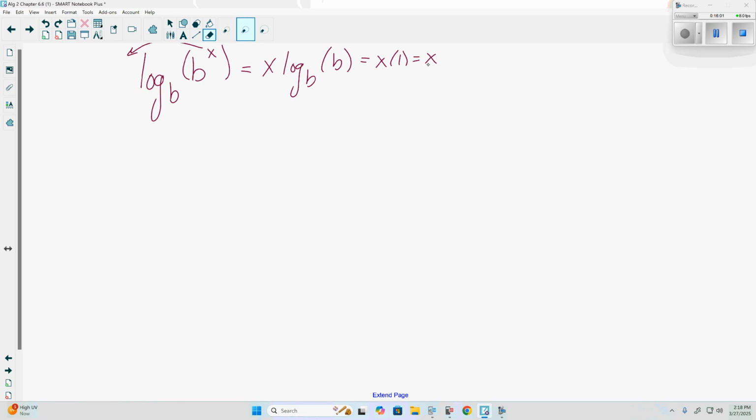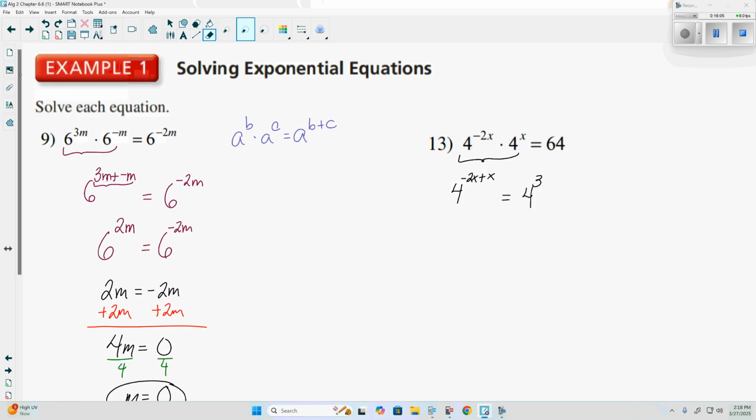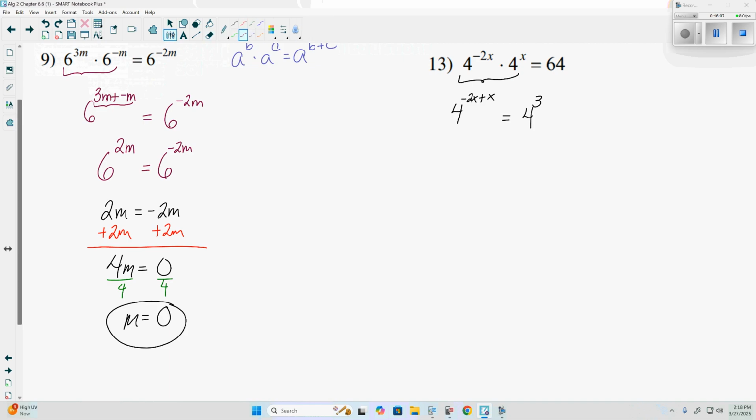Yes? So we're going to get into this, especially with these logarithms. But what we're really doing here is applying log base 4 to both sides. Now, I picked 4 for a reason as the base. And we'll simplify that to negative x.